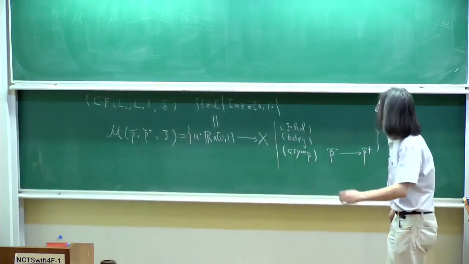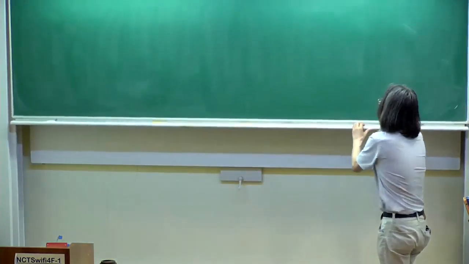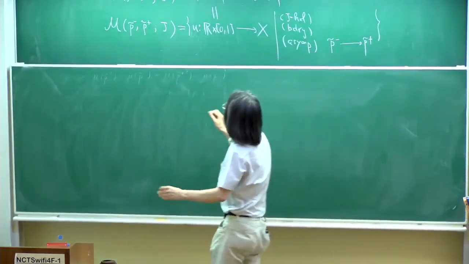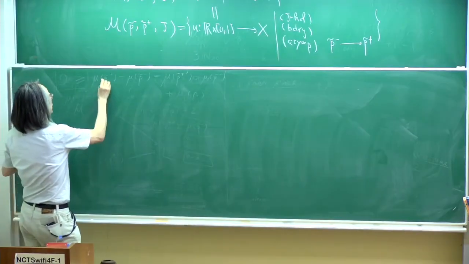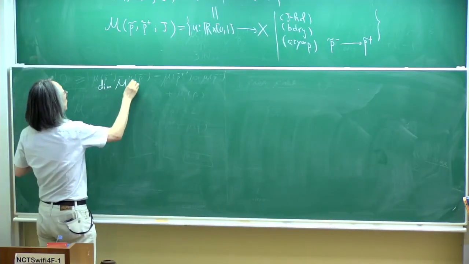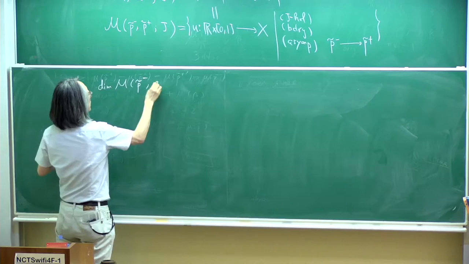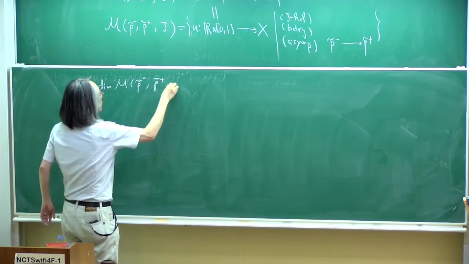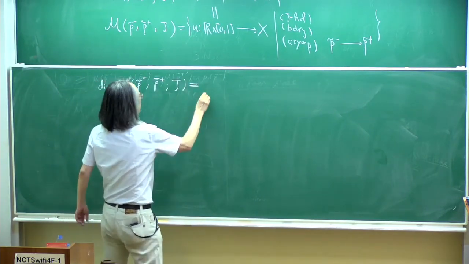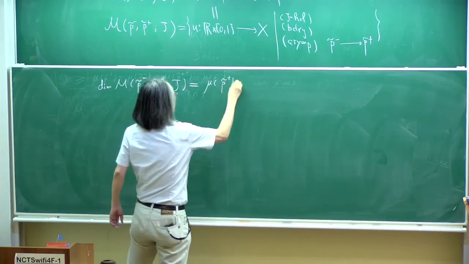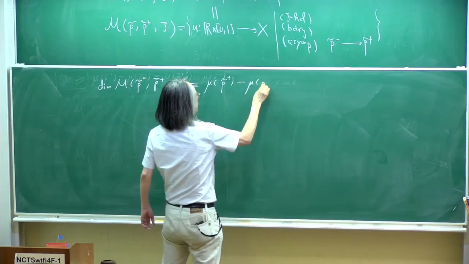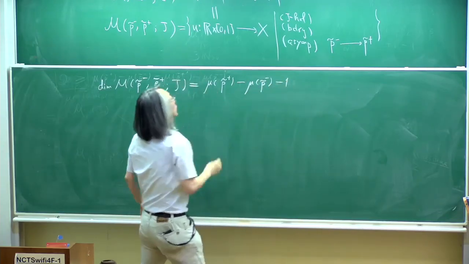And then let's suppose that this is a nice space, and then the dimension of this moduli space is equal to the difference of the Maslov indices, minus 1.